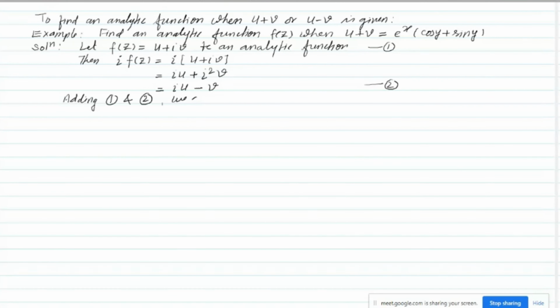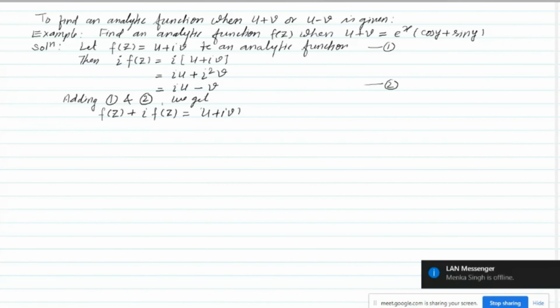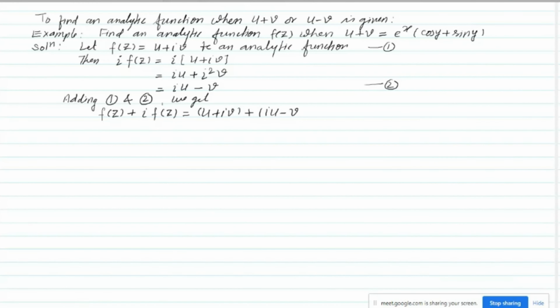We get, left hand side added with left hand side and right hand side added with right hand side. So this becomes f of z plus i f of z, and this equals u plus iv in the first bracket and plus iu minus v in the second bracket.